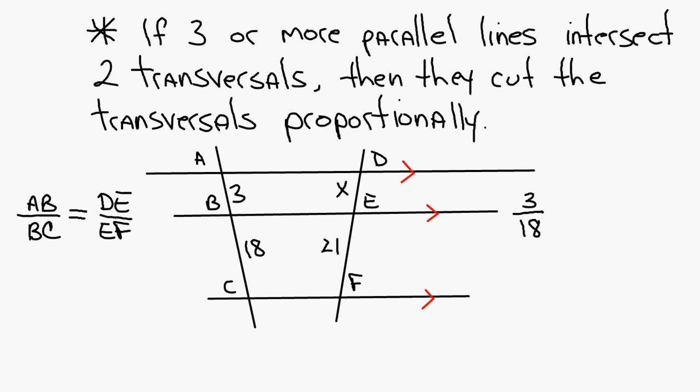Crisscross multiply, so 18x would equal 63, and then you could divide by 18. And your x would equal 63 divided by 18. 3.5.